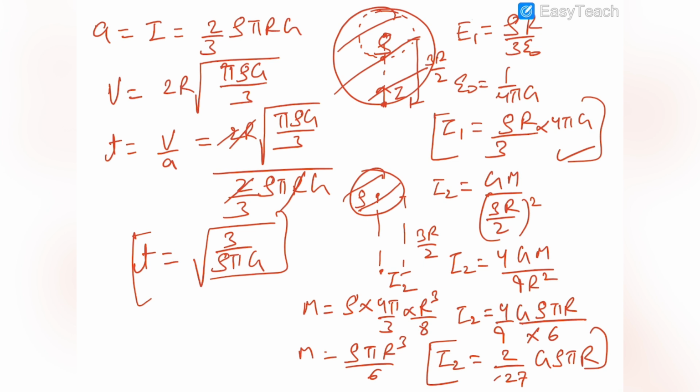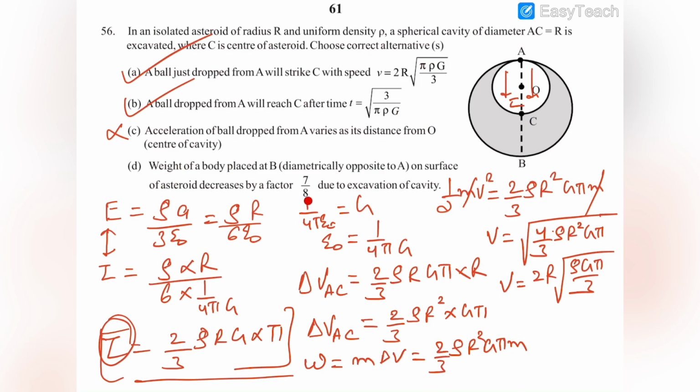So if you divide these two, you can see that there would be a factor of 9, but in option number D there is no factor of 9, so this is also wrong. So the correct options are only A and B.